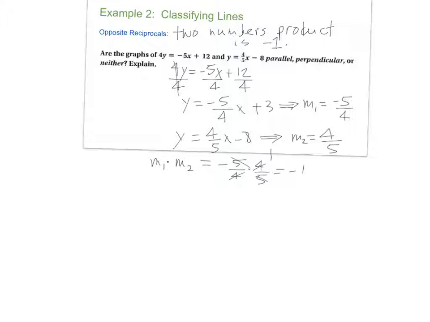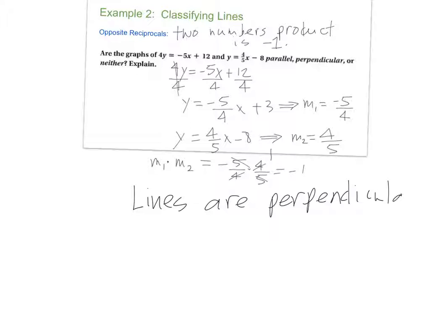And so the lines are perpendicular. Another way we can write perpendicular, because it's just such a long word, is actually an upside down T. That is the actual math symbol for perpendicular. So I'll probably be using that for the rest of the way.